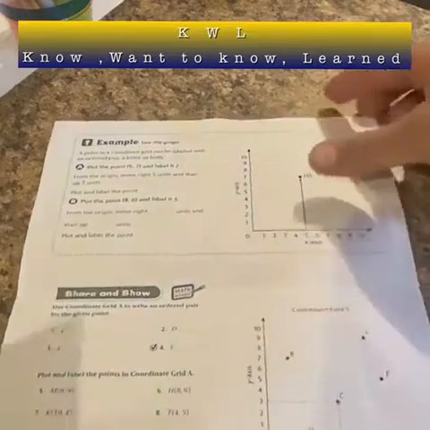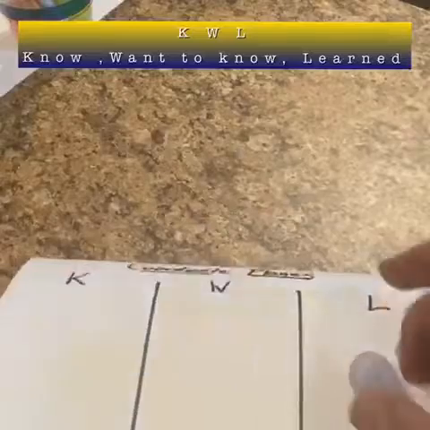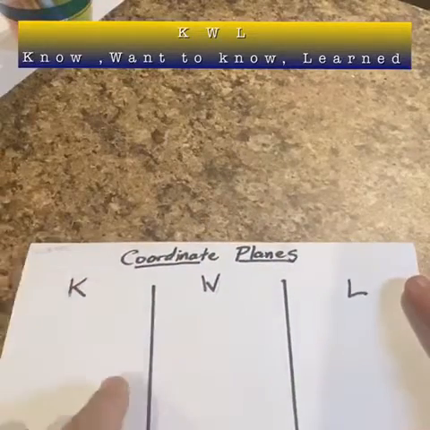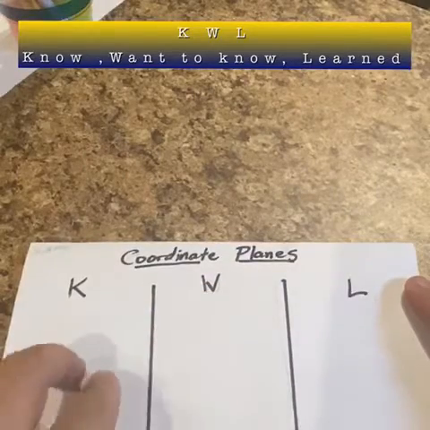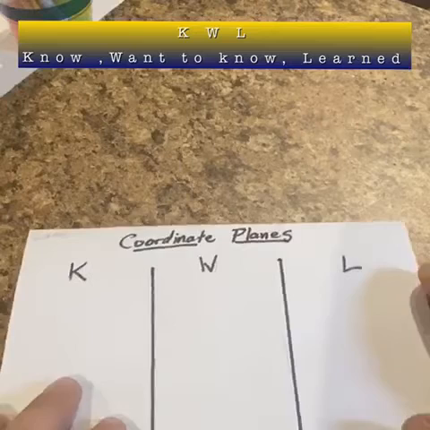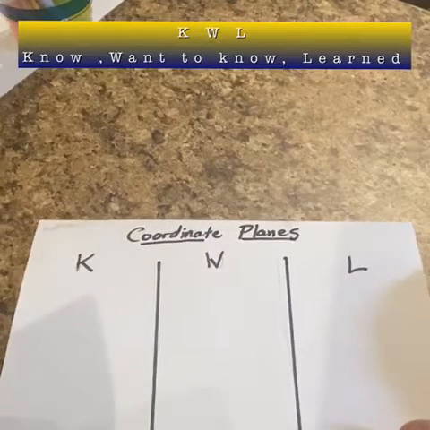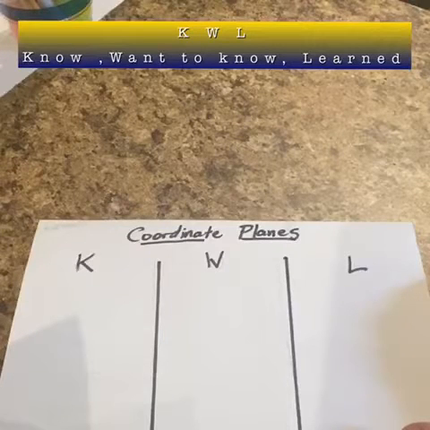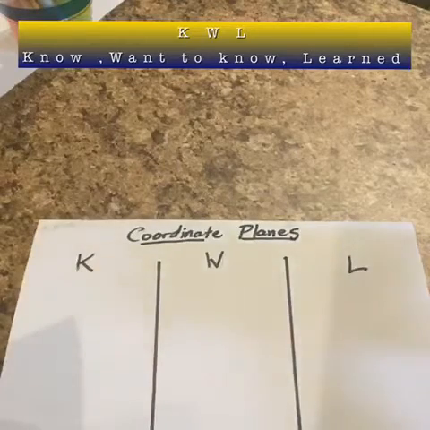So first thing students are going to do if they want to try this out is we're just going to hamburger style fold this in half, and students are going to create a KWL chart, title it coordinate planes. I would encourage them doing it in pencil first before adding in any marker, just in case they want to make changes or erase something.